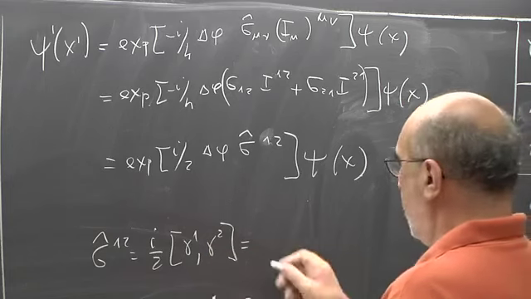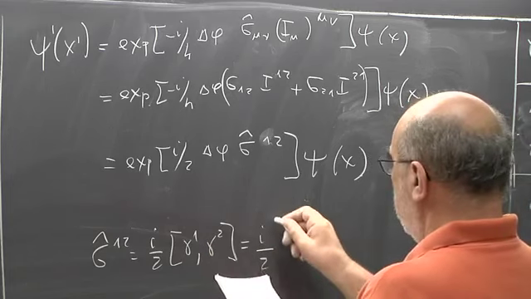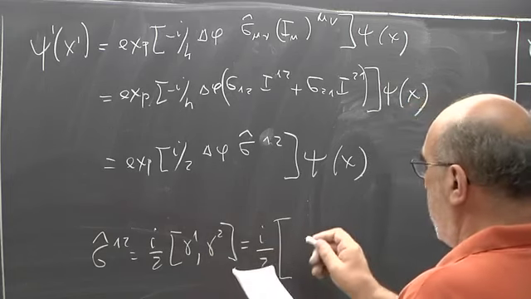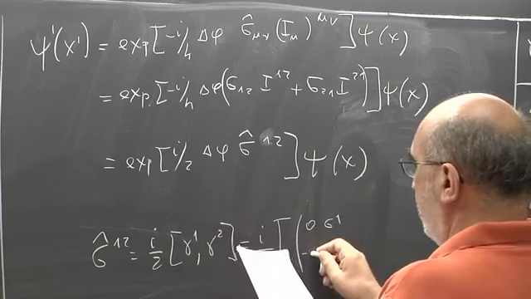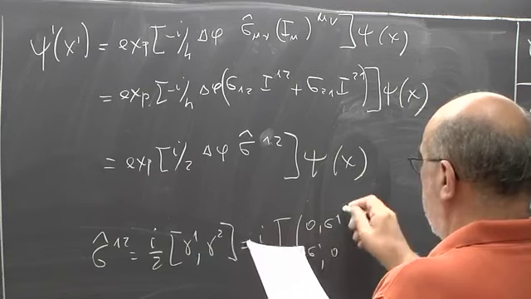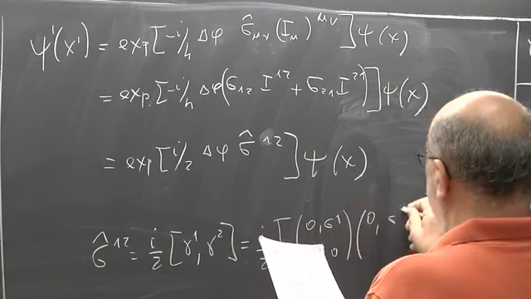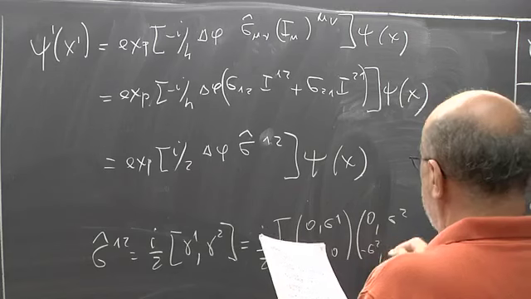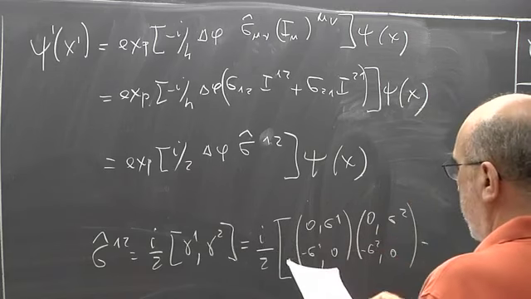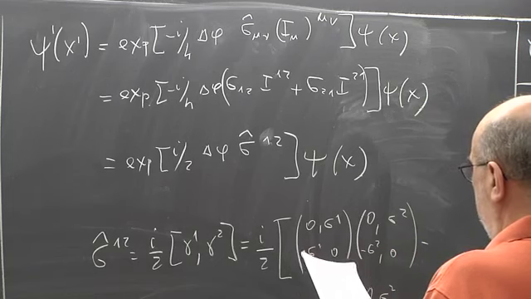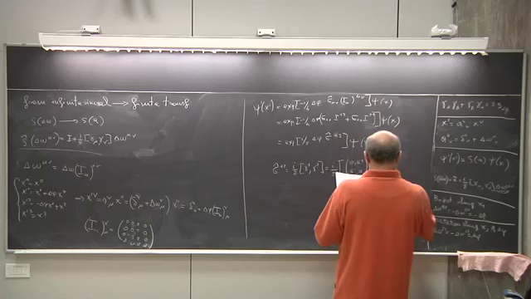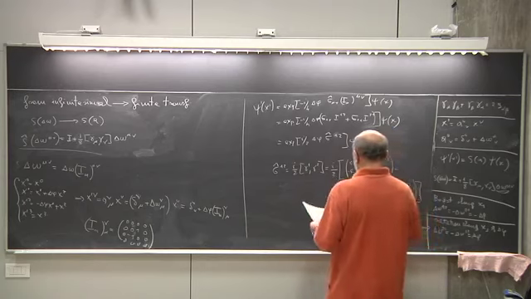We know what gamma^1 and gamma^2 are, so I have to do the commutator, with the Pauli matrix sigma_1 in the off-diagonal blocks, and then the other with sigma_2.